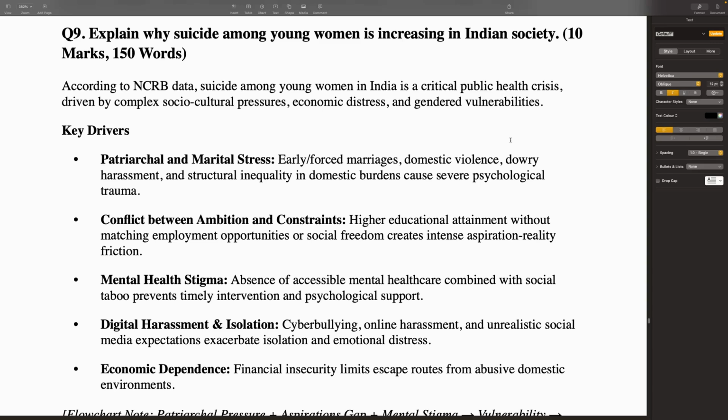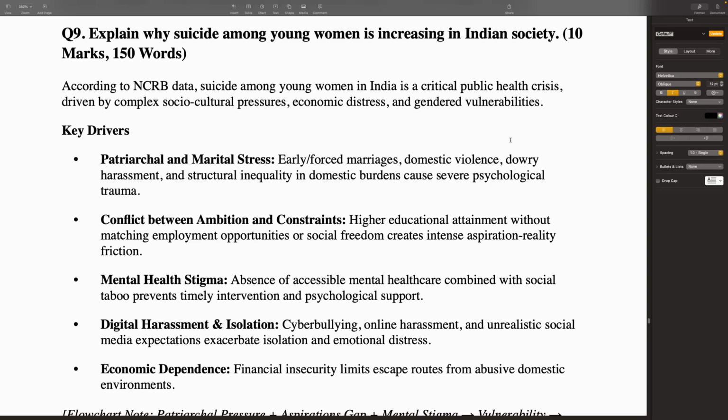Mental health stigma, absence of accessible mental health care combined with social taboo prevents timely intervention and psychological support. Digital harassment and isolation, cyberbullying, online harassment, and unrealistic social media expectations exacerbate isolation and emotional distress.